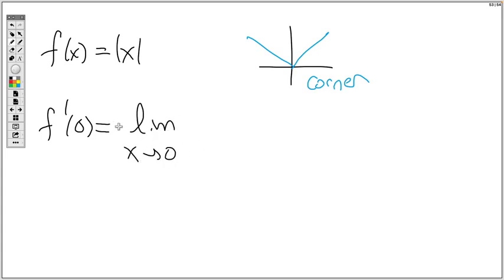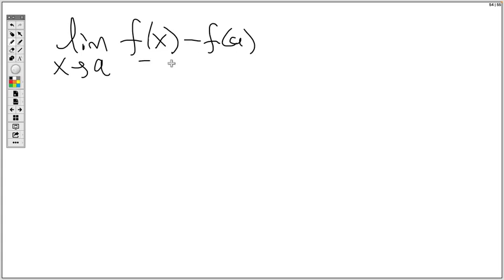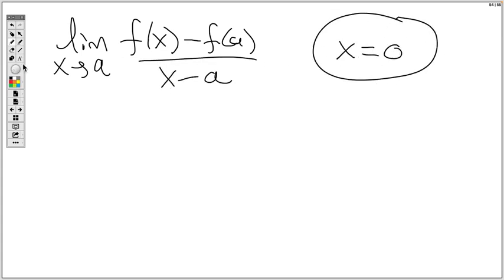So the limit definition we're using is this one. But the x value we care about in all of these examples is 0. So this will all be zeros. You follow?